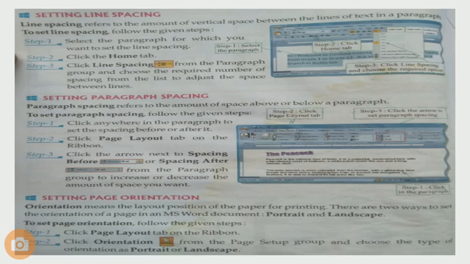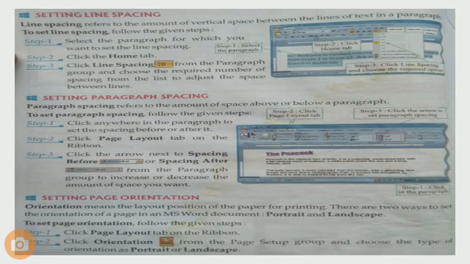Select the paragraph for which you want to set the line spacing. Click the Home tab. Click Line Spacing from the Paragraph group and choose the required number of spacing from the list to adjust the space between lines. So first we have to select the paragraph, then click on the Home tab, then click on Line Spacing.